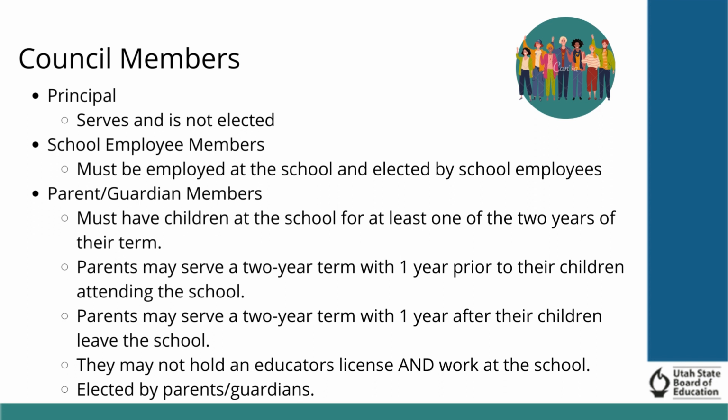For example, parents may serve a 2-year term, with 1 year being prior to their children attending school. Another example is that they may serve a 2-year term, with 1 year being after their children leave the school. Parents or guardians may not hold an educator's license and work at the school. These members must be elected by other parents or guardians.